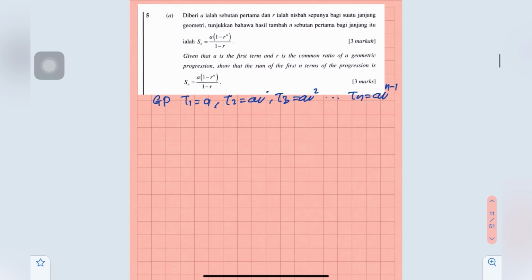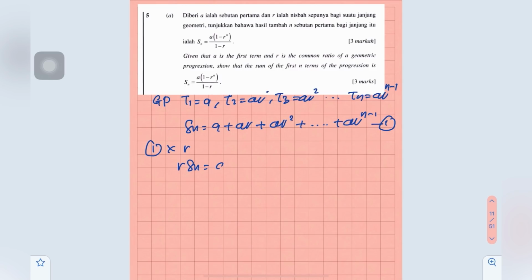Okay, so kalau Sn, okay, Sn is sum of semua sekali ni. So a plus ar plus ar squared plus sampai habis lah, plus ar power of n minus 1. Okay, let's say this is first equation. So kalau equation 1 ni kita darab dengan r, this one become r Sn, ar plus ar squared plus ar cube plus sampai ke sudah ni ar n.